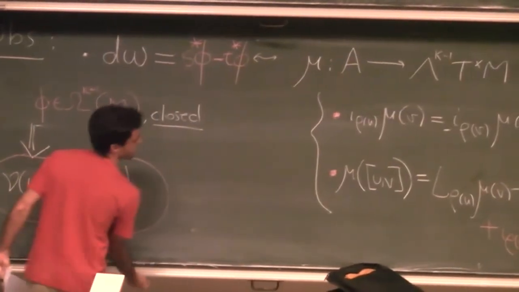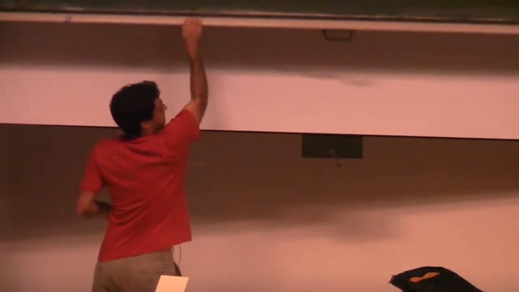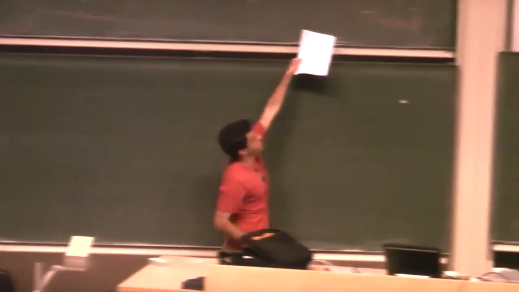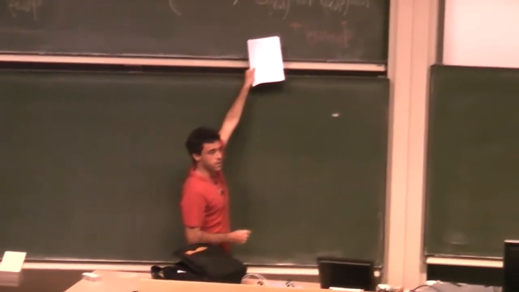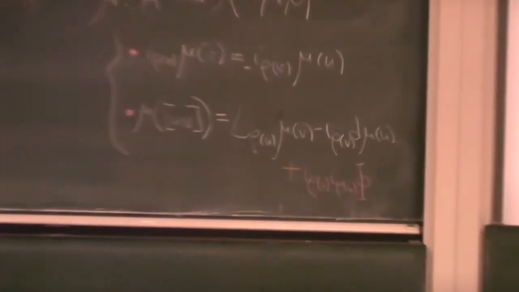Okay, so let me put this here so that you can see. Those who have seen the twisted current bracket will probably recognize this term here already as something very similar to that.